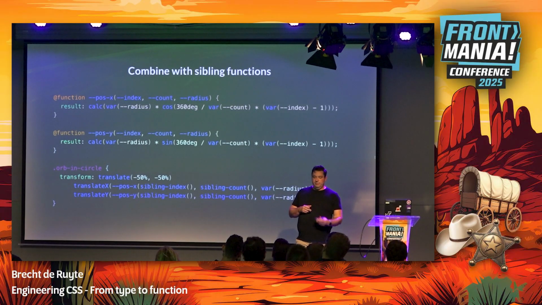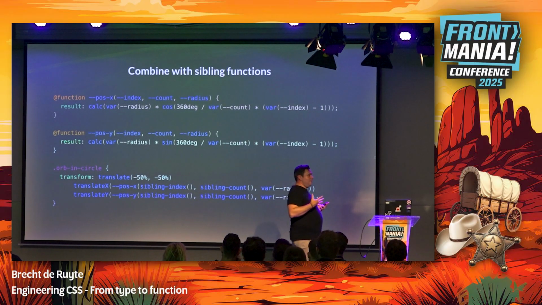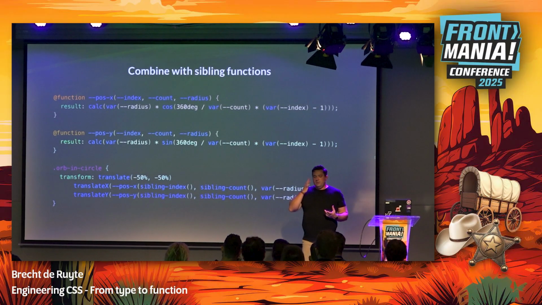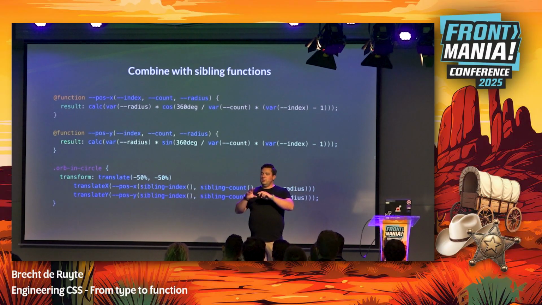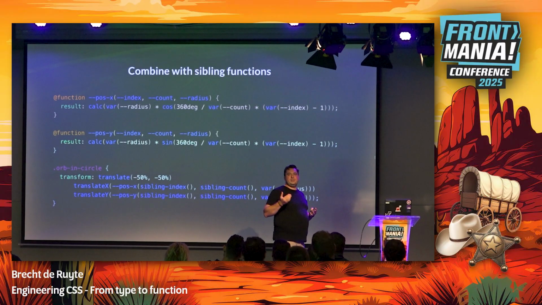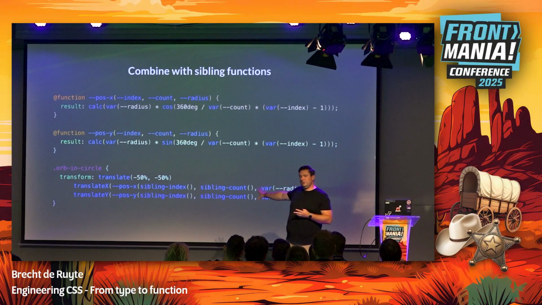Or how about this? I might have gone a bit too far there, right? But you could actually use this to create a transform, to change the position based on a circle. If you want a whole bunch of siblings to be placed on a circle, you could create something like this, but you can make this code a little bit more readable by actually using those CSS functions. I'm not going to go into detail on circle calculation here.